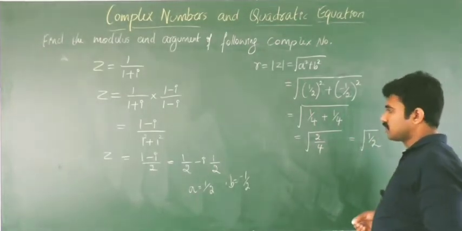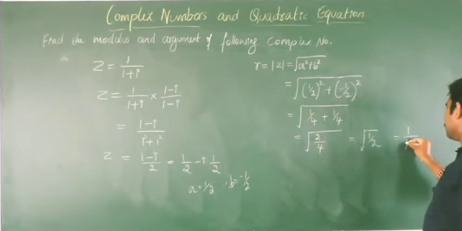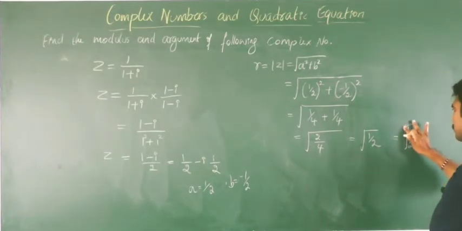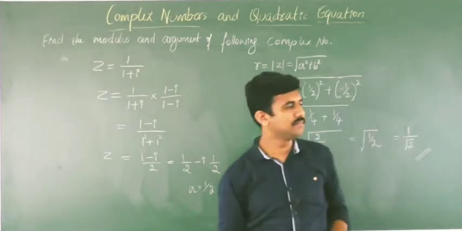Under the root, this can be written as root 1 by root 2, but root 1 is 1 itself, so we can write 1 by root 2.